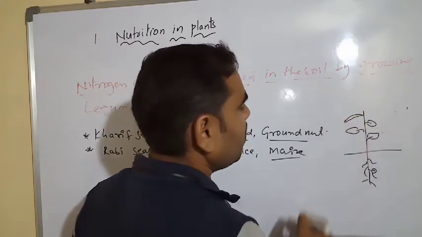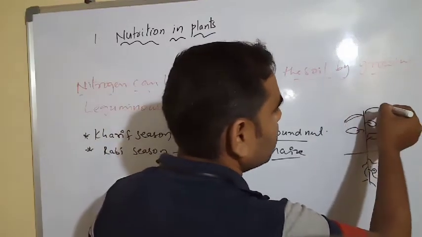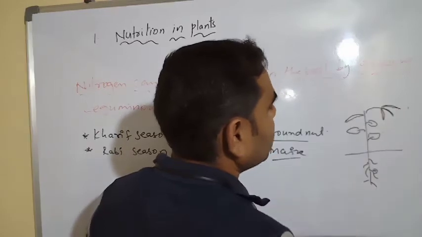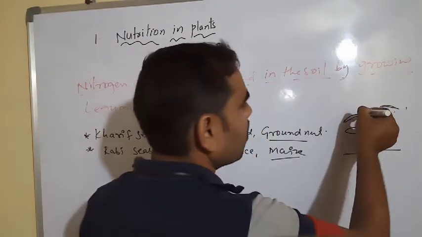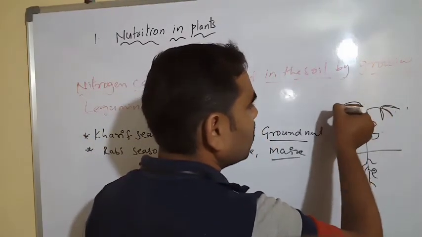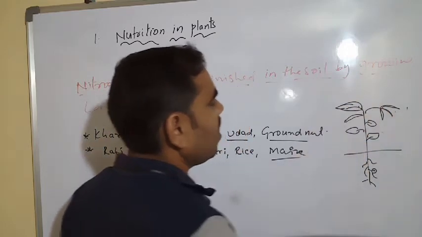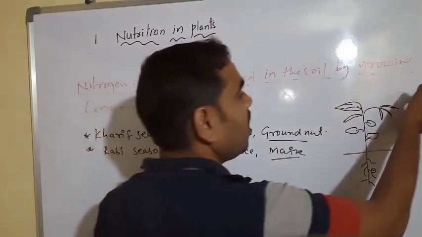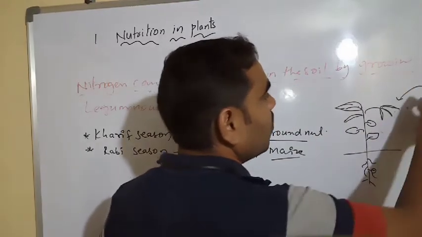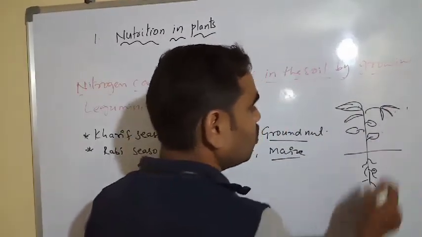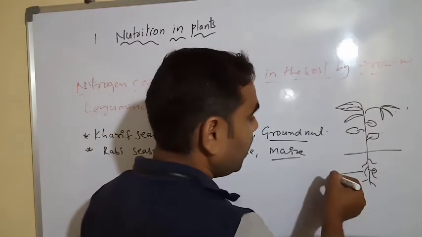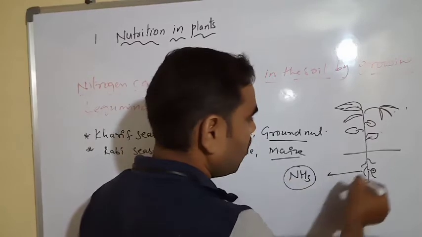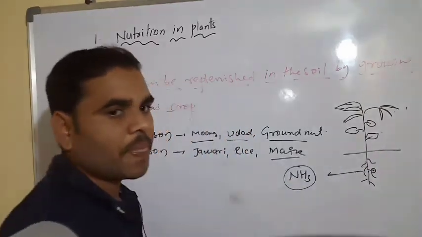This Rhizobium bacteria does the fixation of nitrogen. They take nitrogen from the atmosphere, and through water they prepare ammonia.